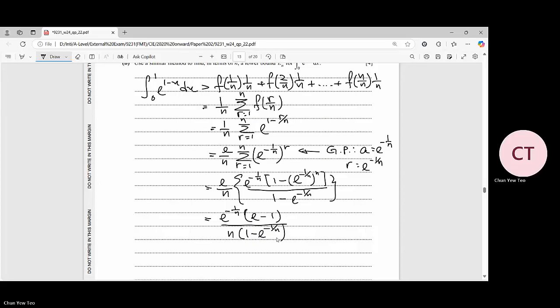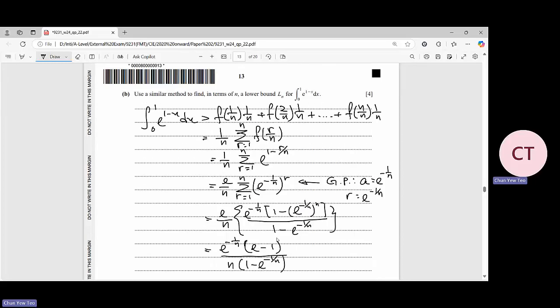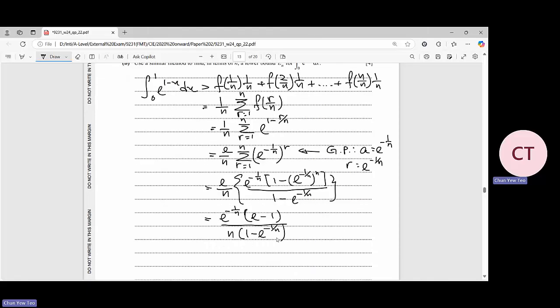So this is the answer for question 6B. I just leave the answer like this. However, if you refer to the mark scheme, they actually make it like this.